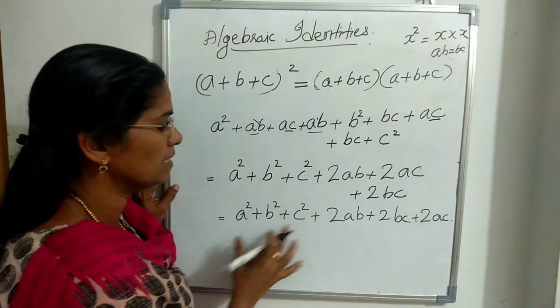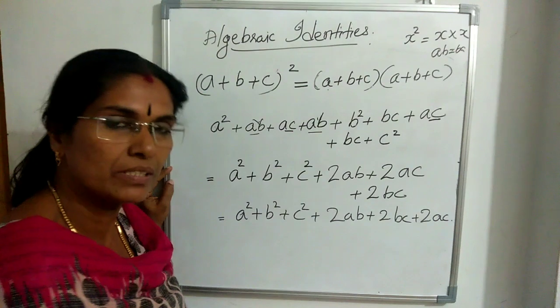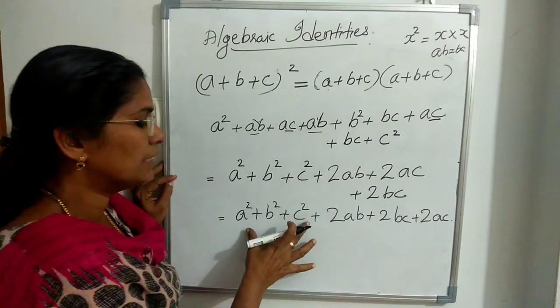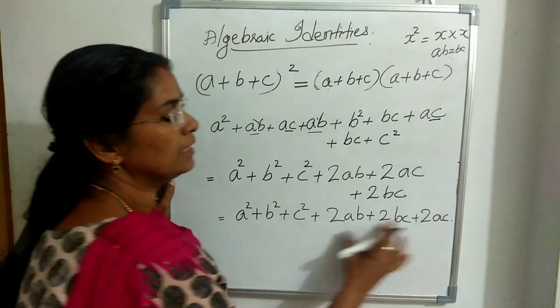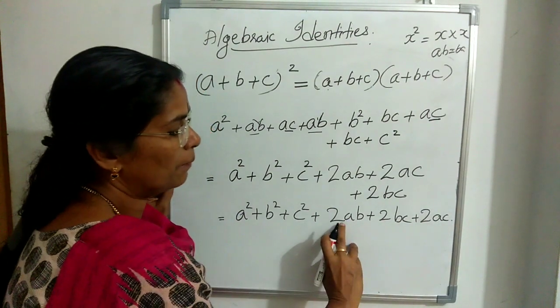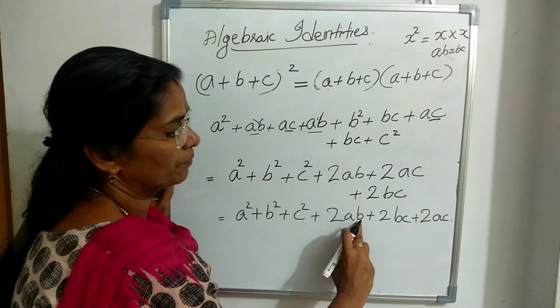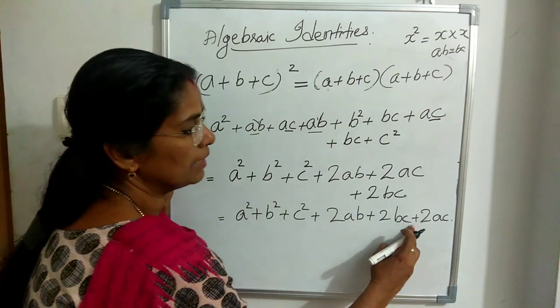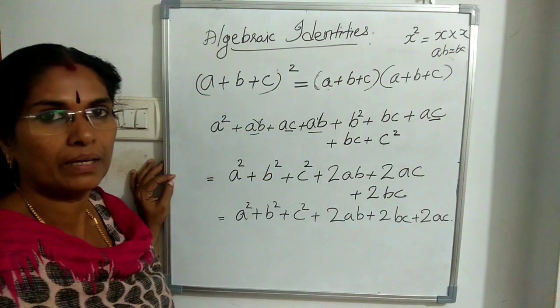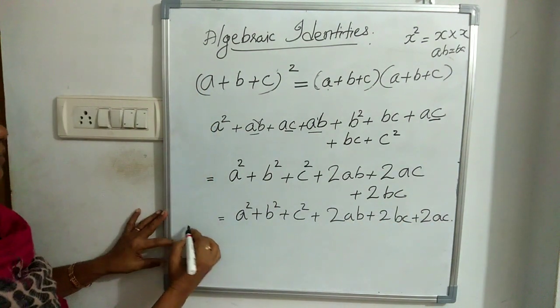First you have to take a square plus b square plus c square, the first three terms, which are perfect squares. Next three terms are double of the product of two terms. ab it's a double, bc it's a double, ac it's a double. So you have to learn it by heart.